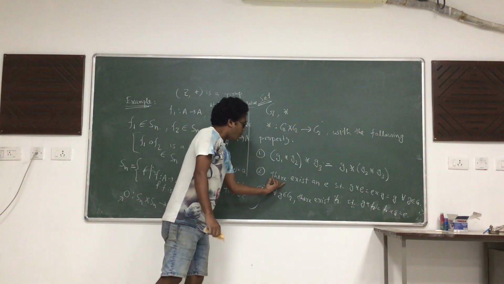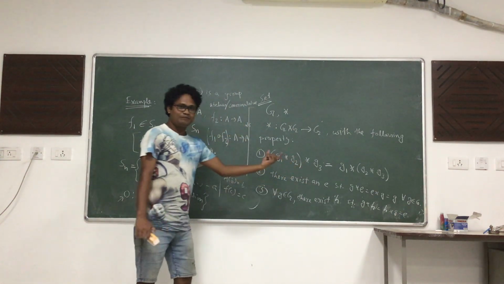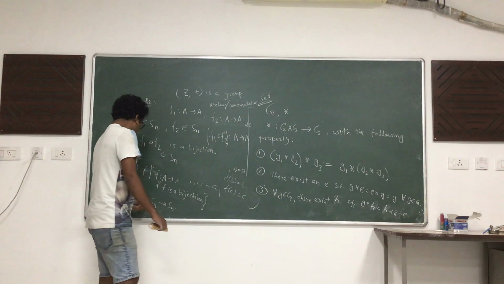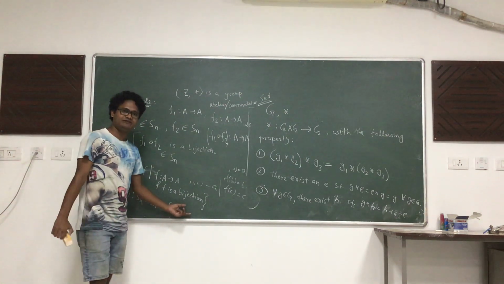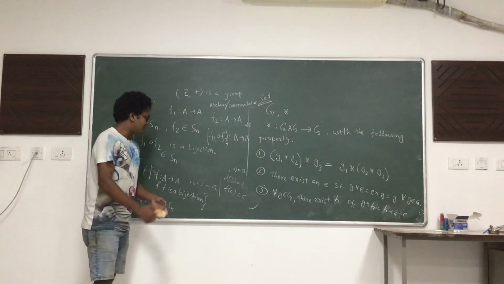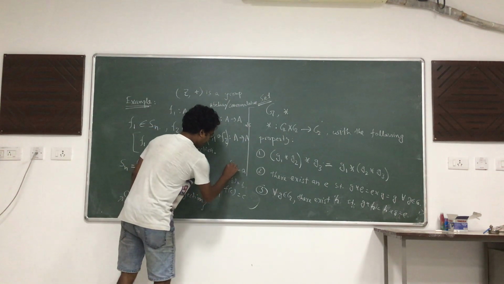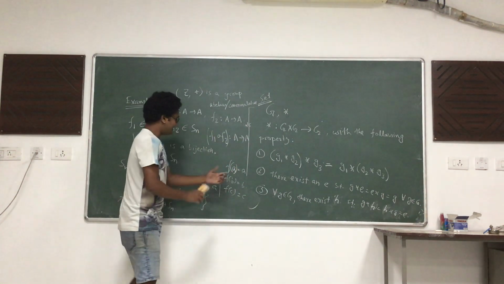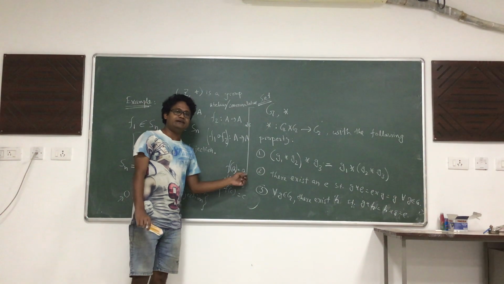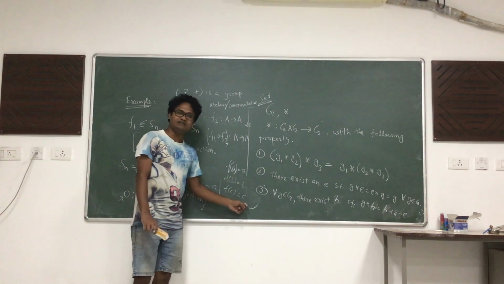And then, is there any mapping with which any composition will give the same mapping? The answer is actually yes. We have one mapping which sends A to A itself, B to B itself, C to C itself.